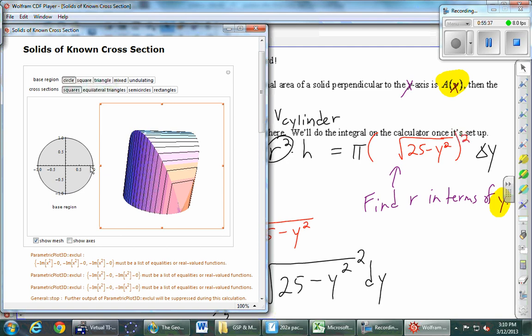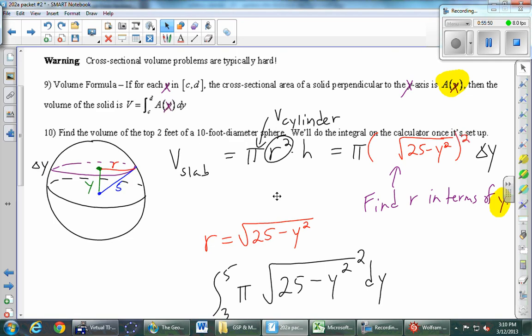But then maybe when x is 0.9, it's a much smaller area. Maybe we can come up with some formula that will tell me the area of the square as a function of what number x we happen to be sitting on. If by some miracle we can do that, and if we call that formula this highlighted thing up here, A of x, area at x, then it turns out the volume of the entire solid is given by this.